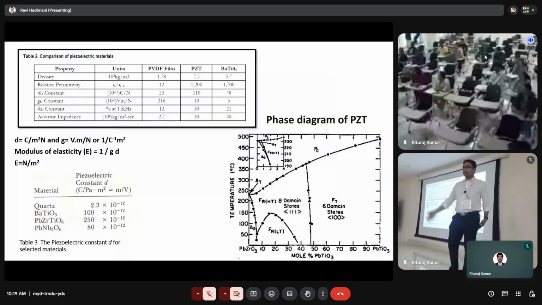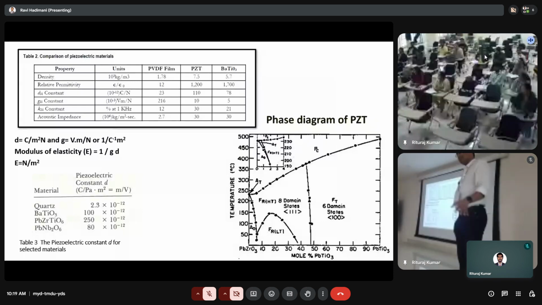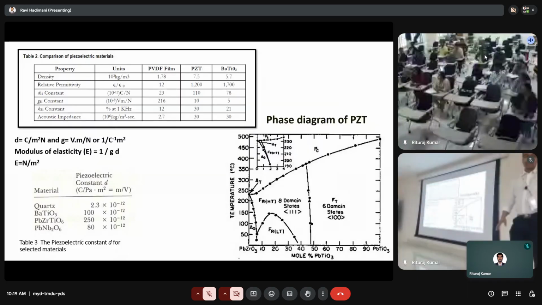I wish that was successful, but every application comes with some caveat. So these are the applications: you can generate electricity, or use it as a sensor to sense pressure or actuation, or use it as an actuator itself, right?